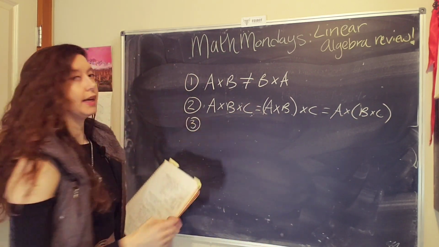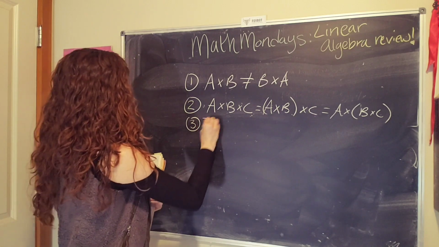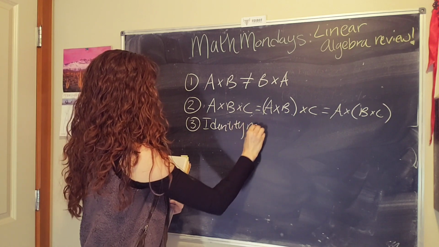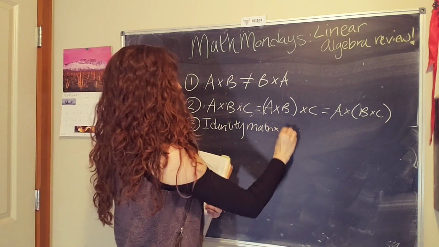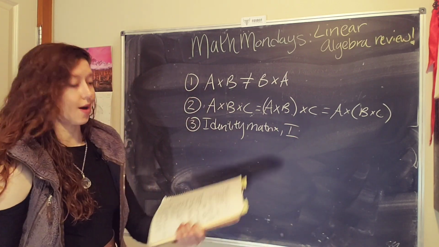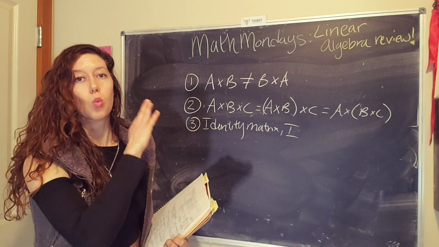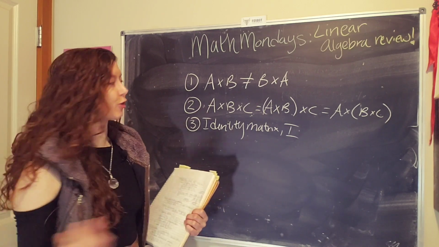And finally, there's a really fun matrix called the identity matrix. I also think that name is silly, which is often represented with the capital letter I. And this is a special matrix that has 1s along the diagonal and 0s everywhere else.